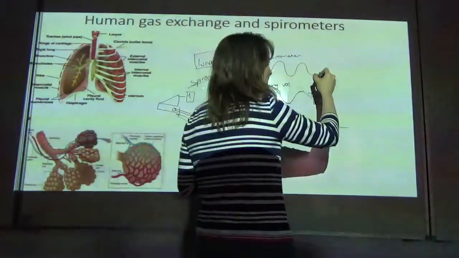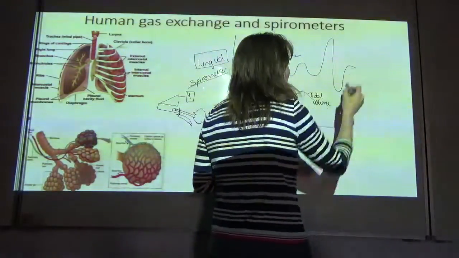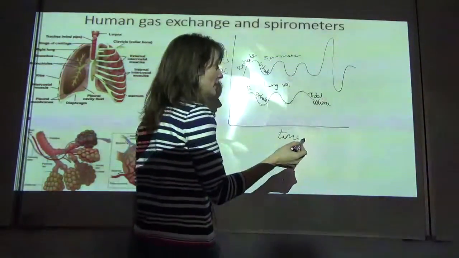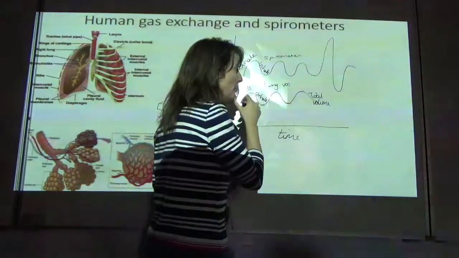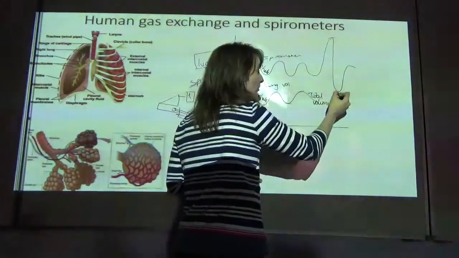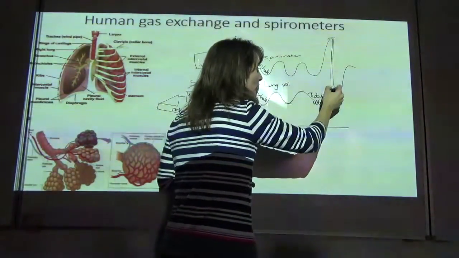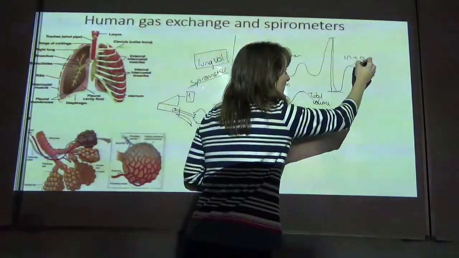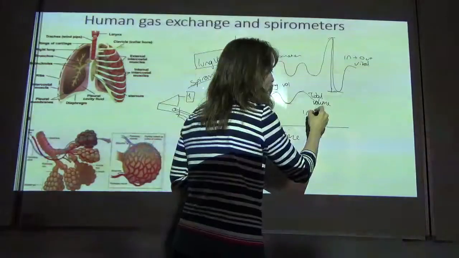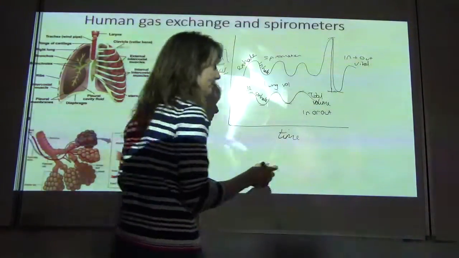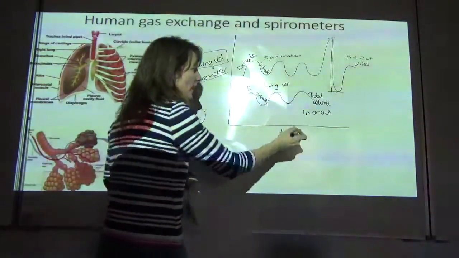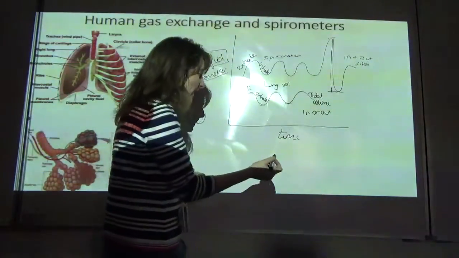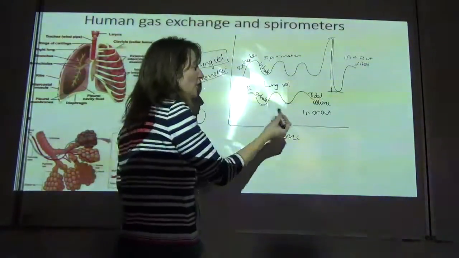The other thing that you might be asked to measure is your vital capacity. So your vital capacity is the total volume of air breathed in and out in one full breath. Remember, it's in and out for vital, in or out for tidal. You do those measurements. If you have the time on the x-axis, you can also work out the breathing rate.